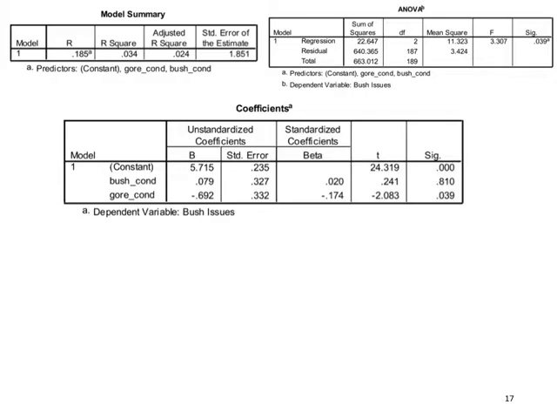So when the people watched the Gore political ads that I had them watch, Al Gore's political ads, they felt a lot more distant from George Bush on the issues. George W. Bush, not H.W. George W. Bush. They felt more distant to him on the issues. But that wasn't the case when they watched the Bush ads.